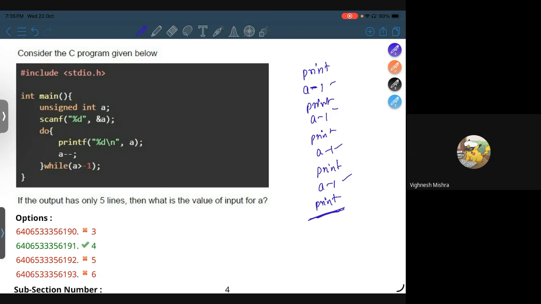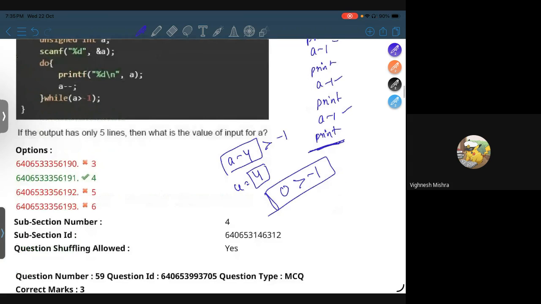So we just did A minus 4. It should be greater than -1. If we even choose 4 as the main value, as A is equal to 4, then 0 is greater than -1. So yeah, easy.